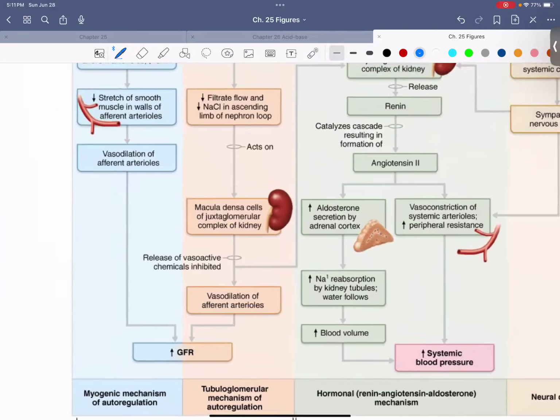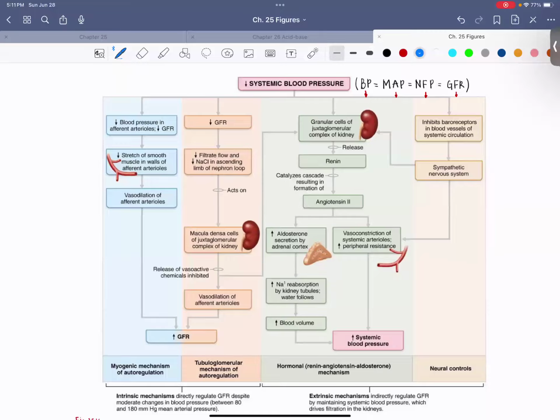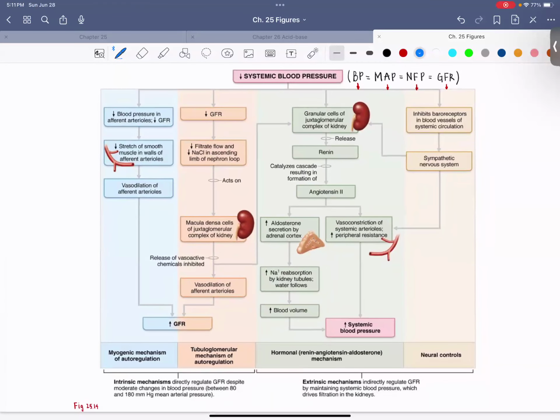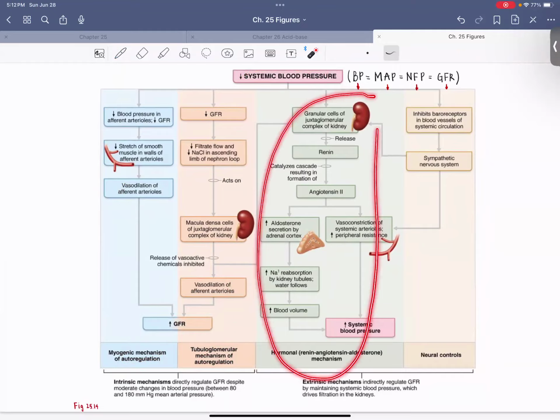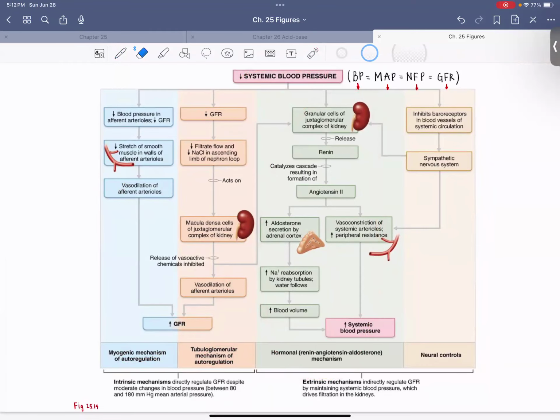So you can see, referring back to this figure 25.14, that in response to a decrease in systemic blood pressure, both the myogenic and tubuloglomerular mechanisms are going to result in vasodilation of that afferent arteriole to bring the glomerular filtration rate back up. In green is the renin-angiotensin mechanism, which is explained in another figure. Hopefully this helps with a couple of the key concepts in chapter 25.